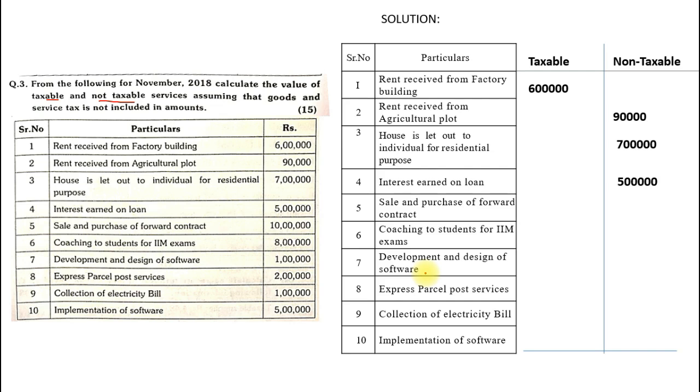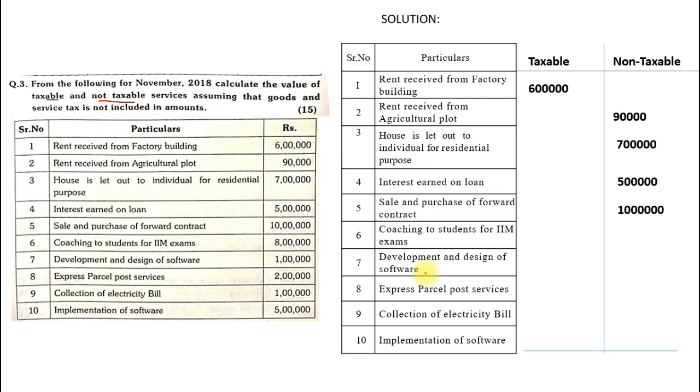The loan was a service which the bank was giving, so if GST is applicable on the loan, okay, but not on the interest. Interest and penalties don't attract any GST. Sale and purchase of forward contract: a forward contract is a security. Securities do not come under the definition of goods. Since it doesn't come under goods, it is non-taxable.